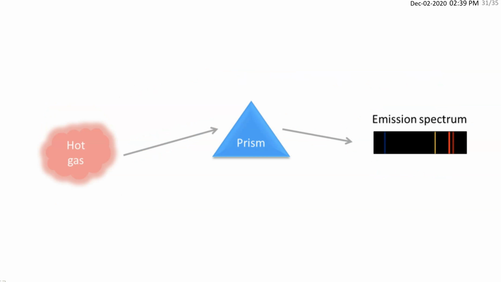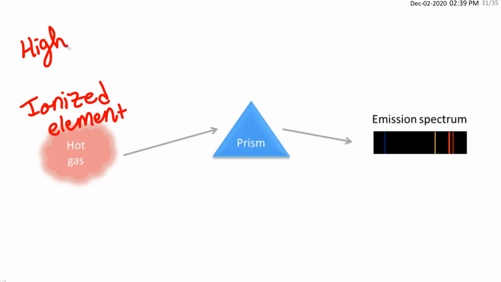So you have this idea of a hot gas, an ionized element. It could be hydrogen, it could be helium, it could be lithium, it could be iron, whatever. You have some sort of hot ionized element. It's very high energy, so very high energy particles.